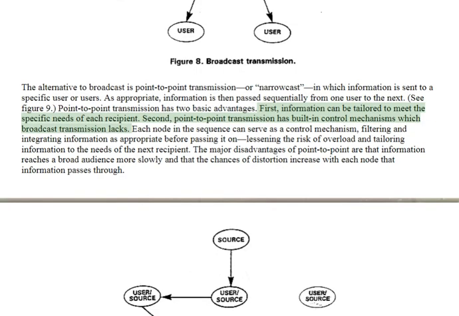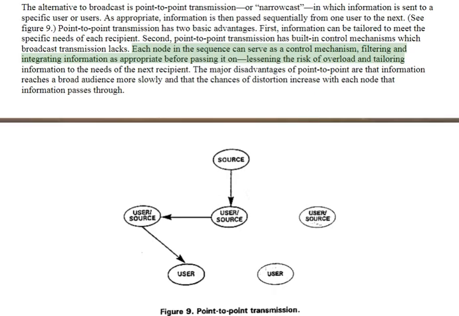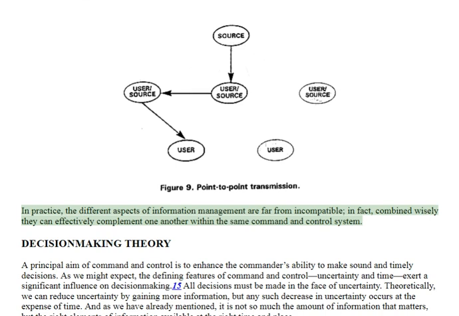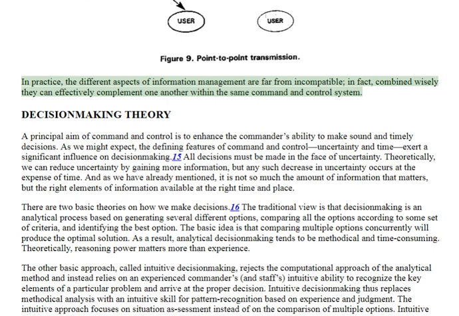Second, point-to-point transmission has built-in control mechanisms which broadcast transmission lacks. Each node in the sequence can serve as a control mechanism, filtering and integrating information as appropriate before passing it on, lessening the risk of overload and tailoring. In practice, the different aspects of information management are far from incompatible. In fact, combined wisely, they can effectively complement one another within the same command and control system.